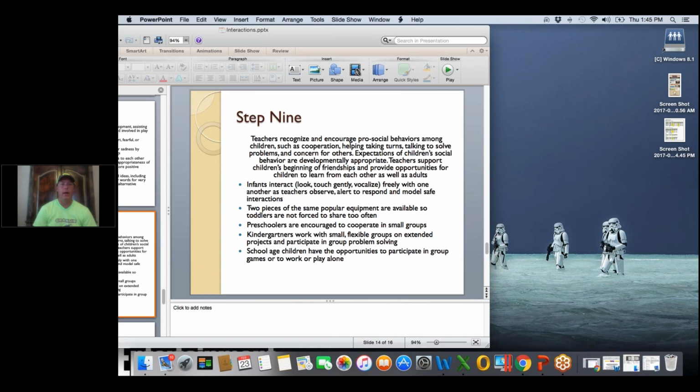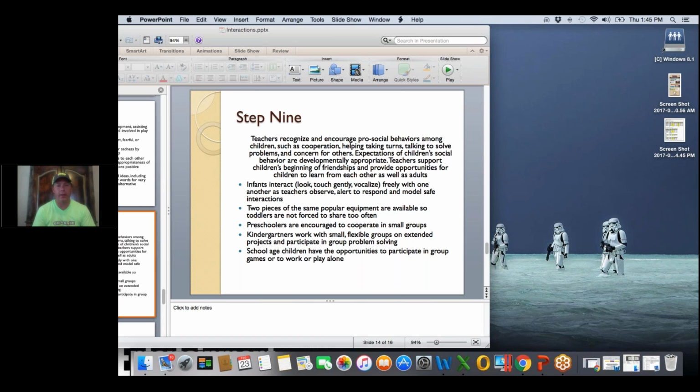All right. So again, some tips right here to encourage these pro-social behaviors. With the infants, we interact, we look, touch, vocalize freely with the children, we're observing them, we're constantly describing their actions, those type of things.